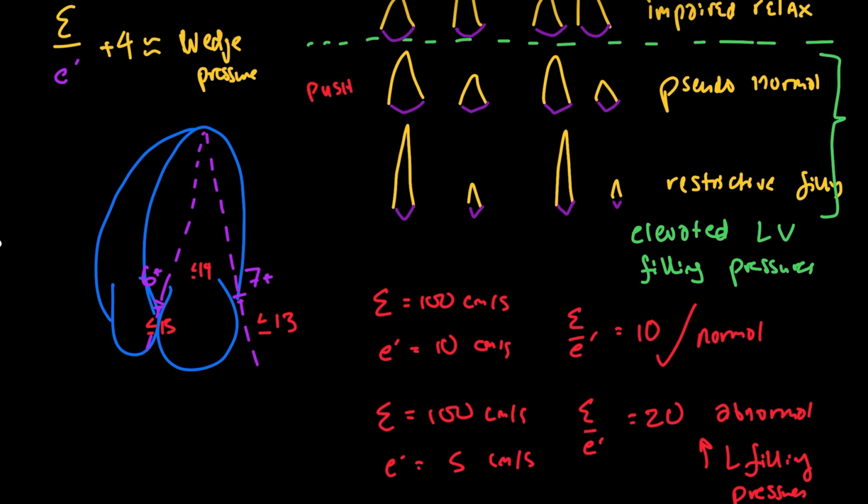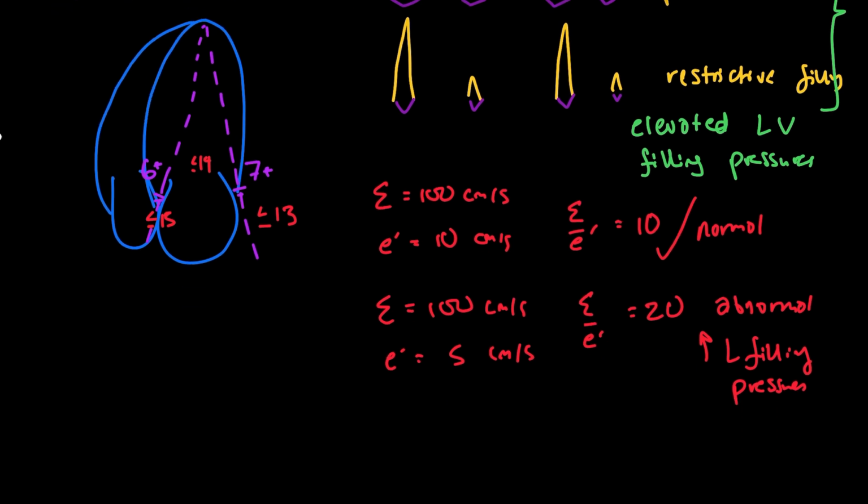The only caveat that I'll mention with E over E prime is that we can't use it if there is severe mitral annular calcification, or if there's a prosthetic mitral valve.